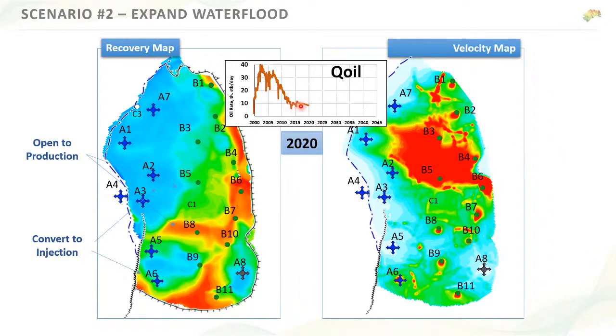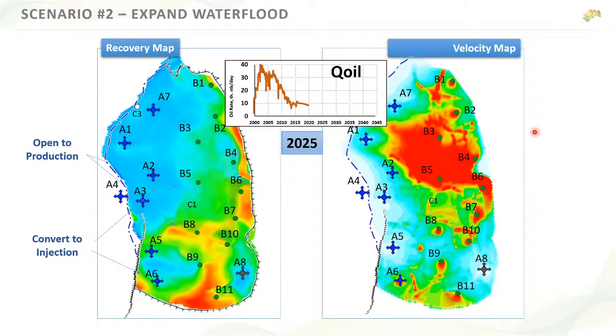In 5 years, you see that we managed to arrest the decline a bit. In 2025, again, the production is declining, but the rate of decline is not that high. We can see that we're having good recovery from the upper left hand side of the field.